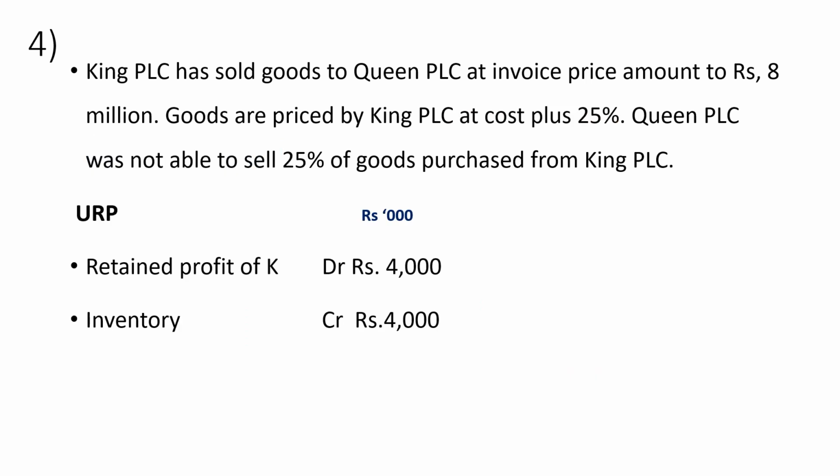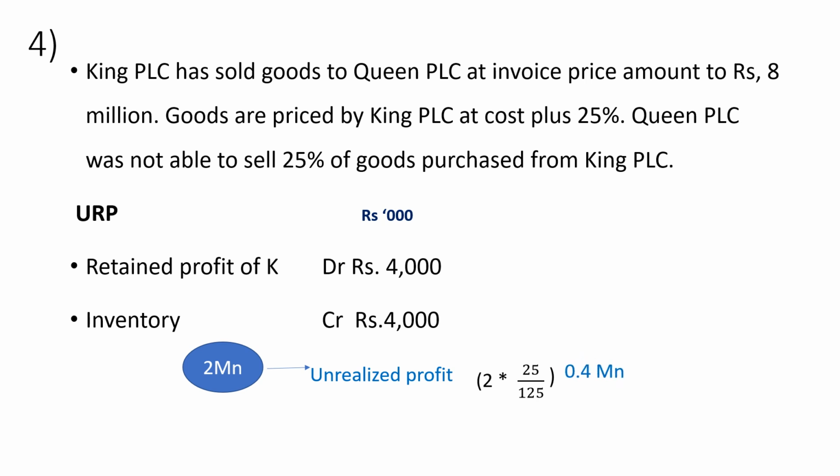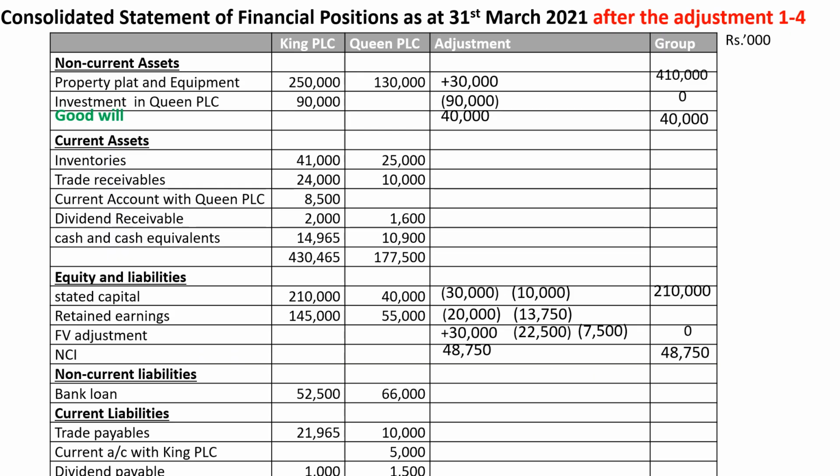Therefore, due to the unrealized profit, the retained profit should be debited by 4,000 and the inventory value should be deducted by 4,000. Earlier, we calculated it in millions. Now, we have converted it into rupees thousands. From the inventory, we have to remove this unrealized profit of 4,000.